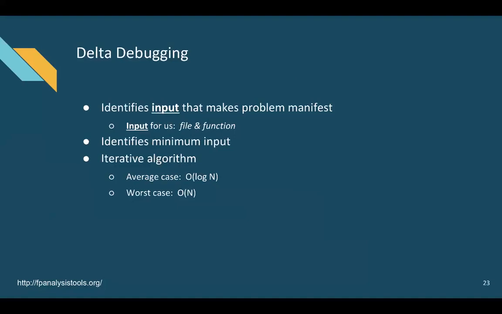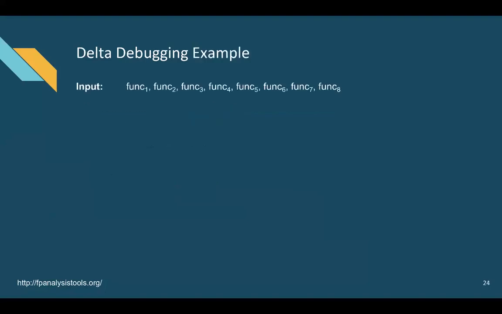Essentially, it identifies the minimum inputs, so if you eliminate one element from this input, the problem doesn't manifest itself. There's an algorithm for this, but I will not show it because I think that's boring. I think it's more interesting to look at an example. I'm going to show you an example of how this actually works for this particular kind of debugging.